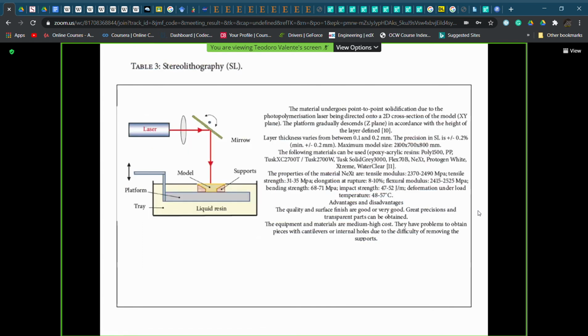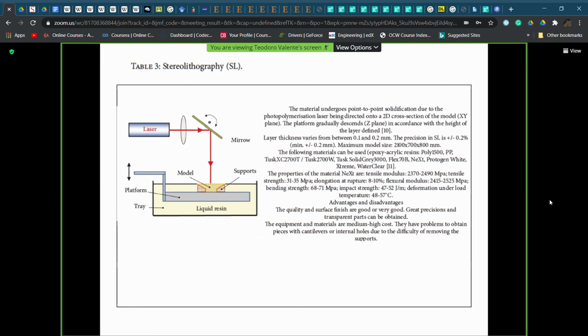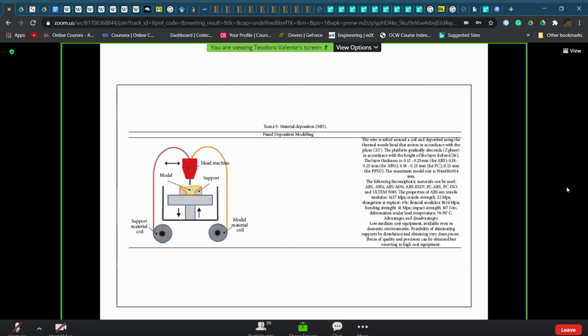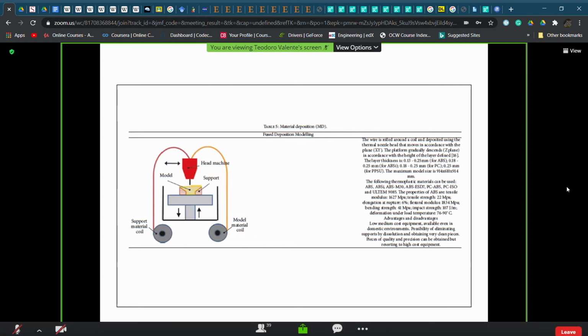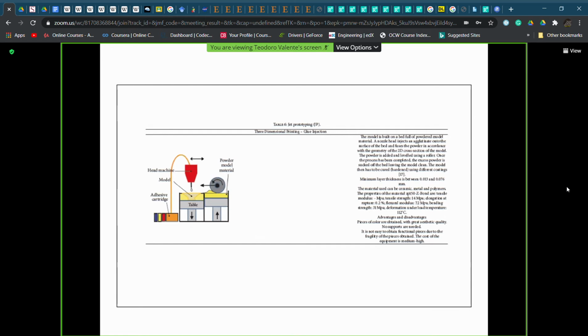I have reported here, just for your knowledge and curiosity, the most important techniques which belong to the AM area, starting from stereolithography, which, as you can see here by the drawings, refers essentially to the fabrication of polymeric-based materials, moving to selective laser sintering or melting, which is more or less the same, to fused deposition modeling, in which we can use not only powders but also wires for fabrication of components, and three-dimensional printing, so you have the most important features of these basic technologies belonging to additive manufacturing.